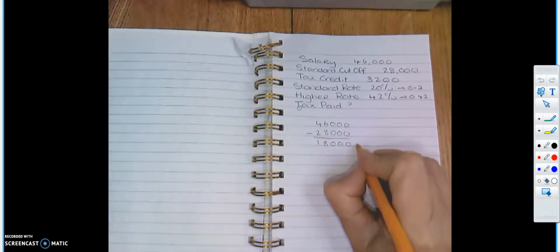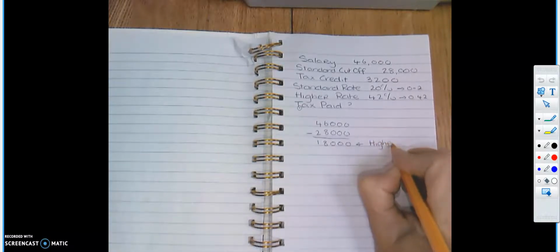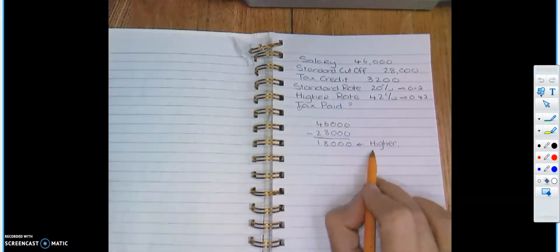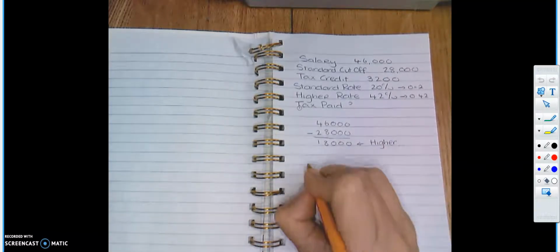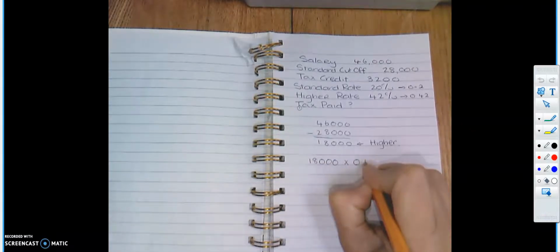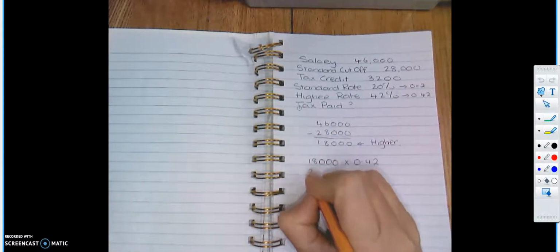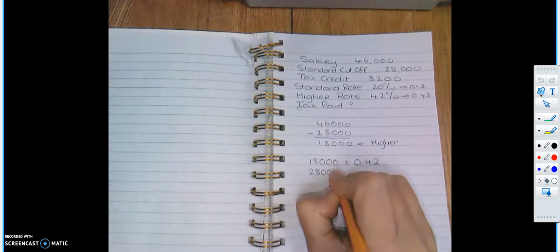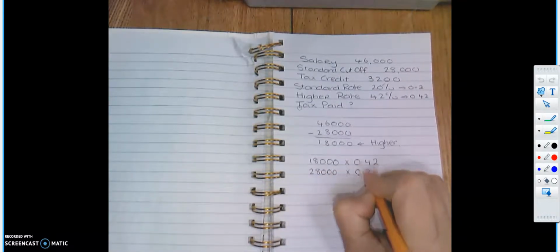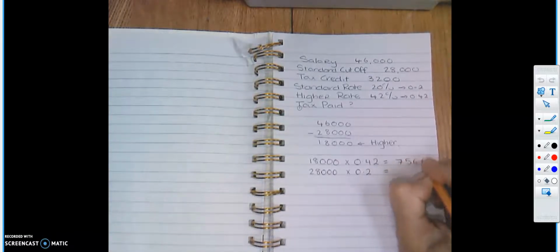So my 18,000 is going to be taxed at the higher rate. So I have 18,000 times 0.42. And my standard rate was up to the cutoff, so that's 28,000 times my 0.2. So when I calculate that, my 18,000 times 0.42, I get 7,560.